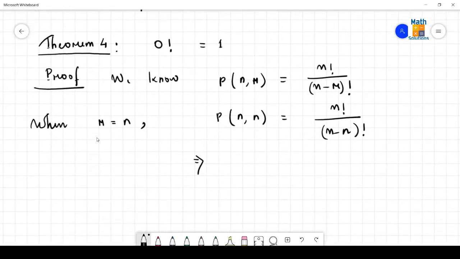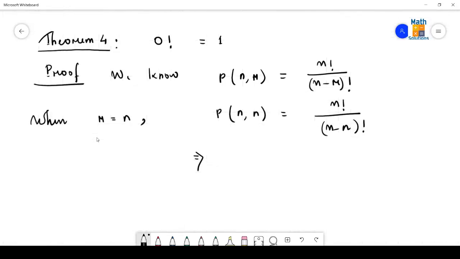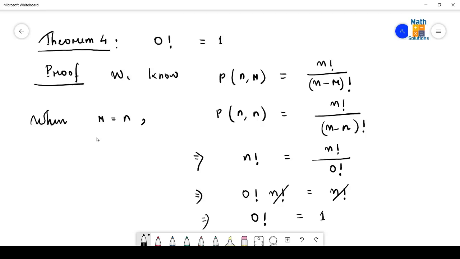So that we can substitute here in this place, like n factorial is equal to n factorial by 0 factorial. So when we perform cross multiplication, it will be like 0 factorial into n factorial is equal to n factorial. So n factorial on both the sides got cancelled, resulting into 0 factorial is equal to 1.